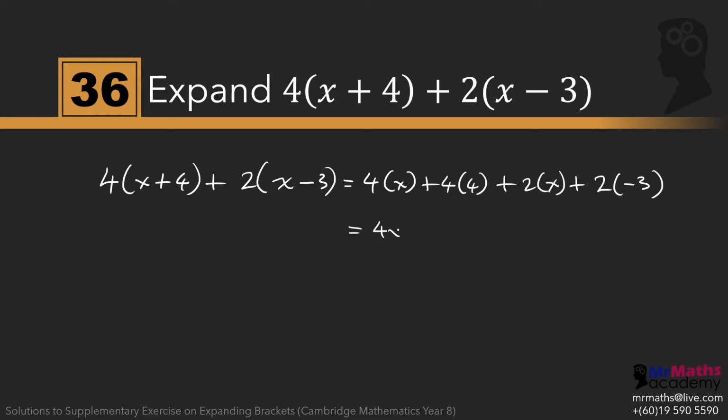So that is 4x plus 16 from the first expansion, plus 2x, plus minus 6. So 4x and 2x can be added together now because they are like terms. So 6x plus 16, and this plus and minus becomes minus 6. So the answer is 6x plus 10.